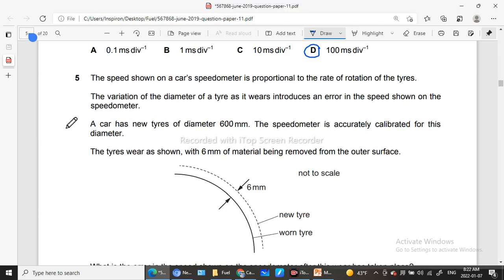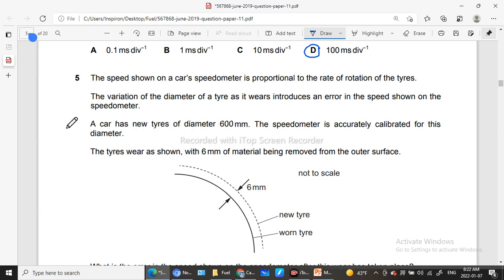The speed shown on a car's speedometer is proportional to the rate of rotation of the tires. The variation of the diameter of a tire as it wears introduces an error in the speed shown on the speedometer. A car has new tires of diameter 600 millimeter.